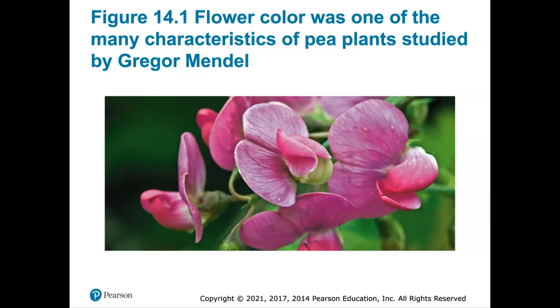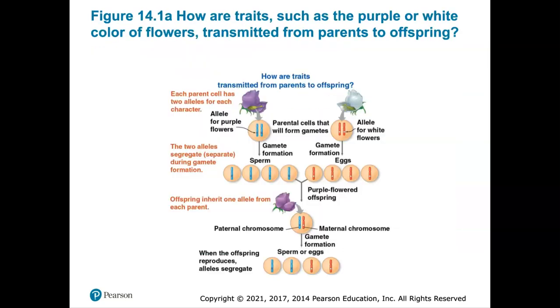Gregor Mendel did his studies on heredity using garden peas, but we can still apply what he learned to human heredity, at least to some. It applies to some of our traits, the ones that are inherited by simple dominance, which we'll talk about what that means.